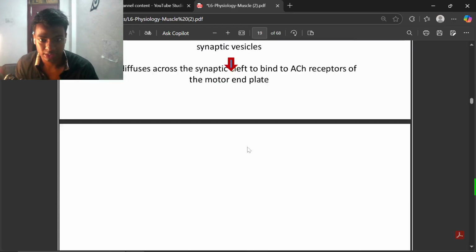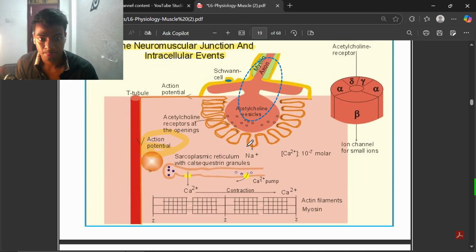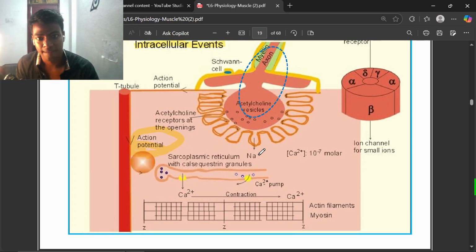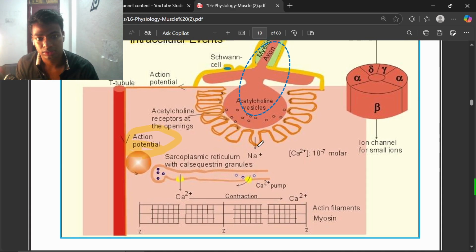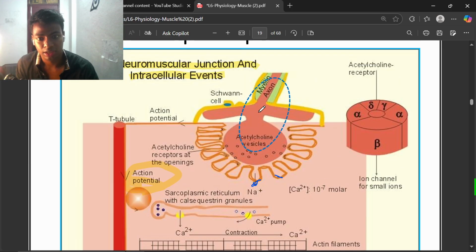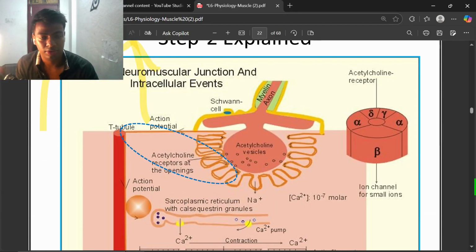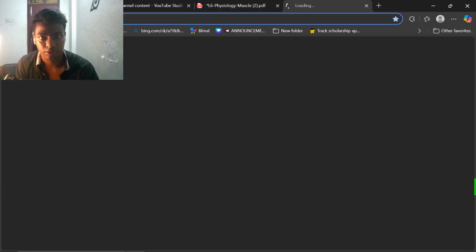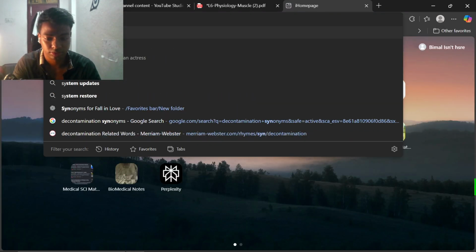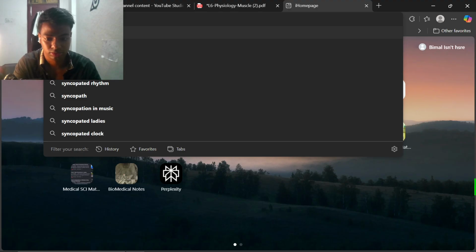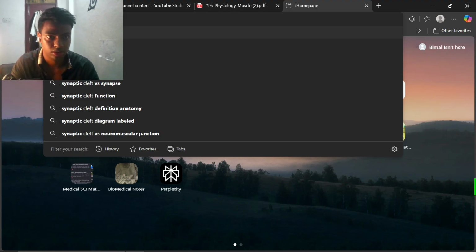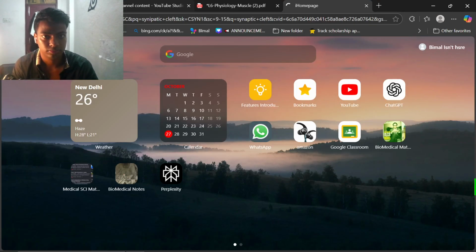These are the receptors. They haven't shown a very good picture of the acetylcholine vesicle, so let me give you a better one.